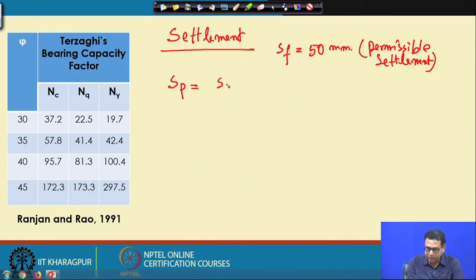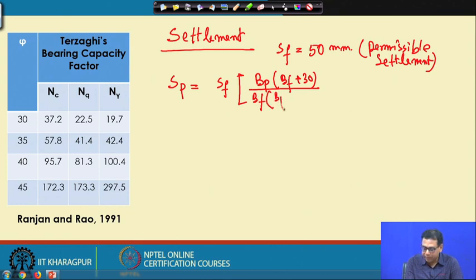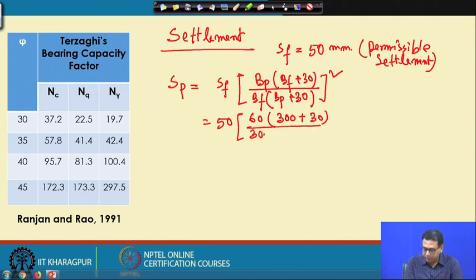So, this is S f, then this will be B p, then B f plus 30 divided by B p plus 30, whole square. If I put 50, then B p is the width of the plate and B f the width of the foundation, this is 60 plus 30, whole square, equal to 27 millimeter.